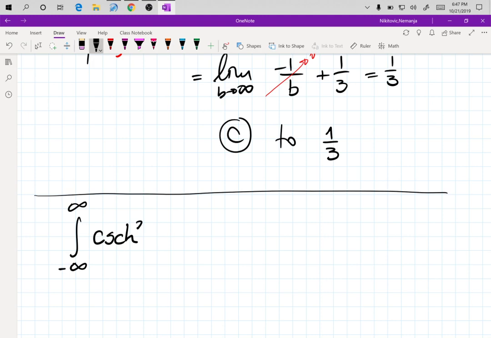Now this is obviously one of the basic integrals, so it should take. But what is the issue now, guys? Yes, we have 2 infinities.